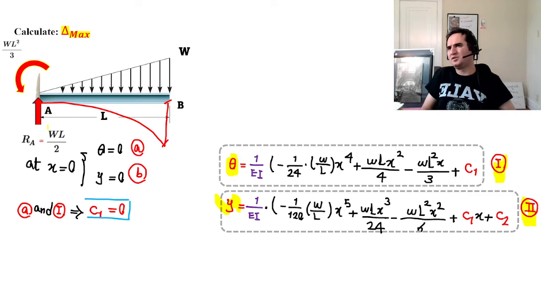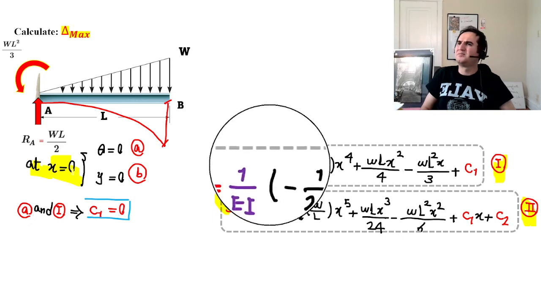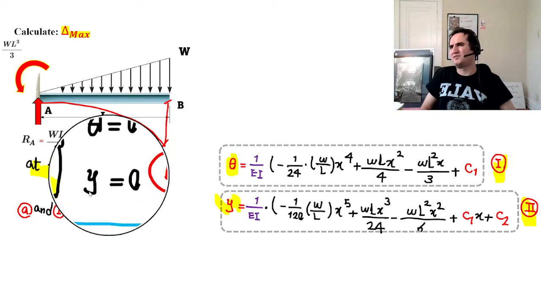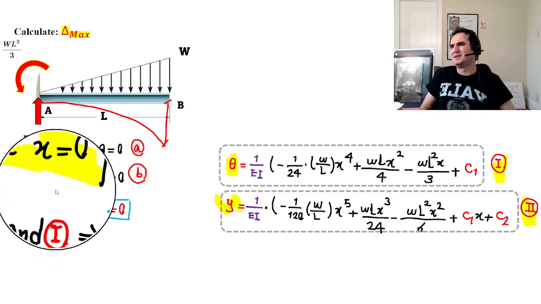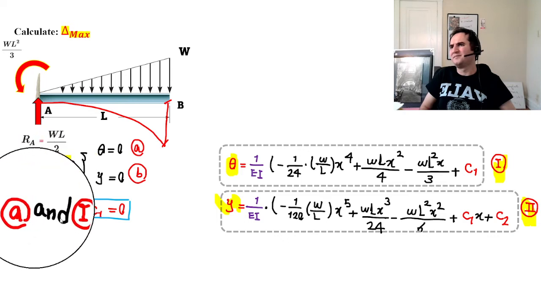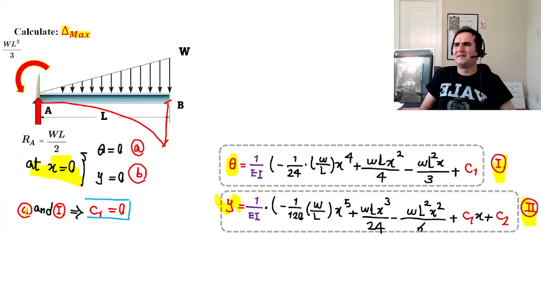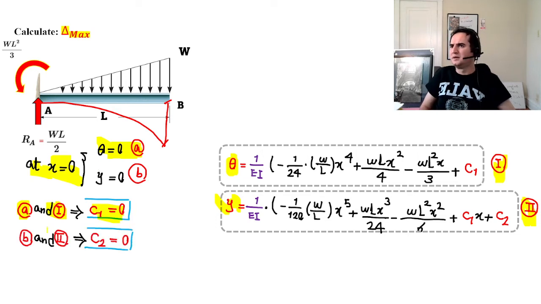We know at x equal to 0, both theta and y are equal to 0. So equation 1 at x equal to 0, theta equal to 0, gives you C1 equal to 0, and equation 2 gives you C2 equal to 0.